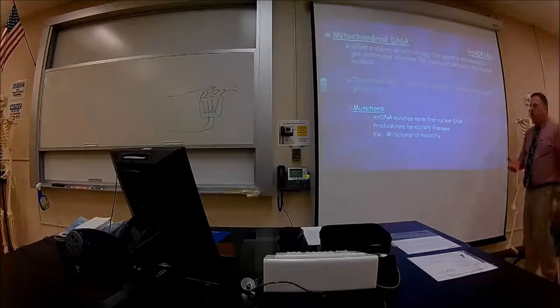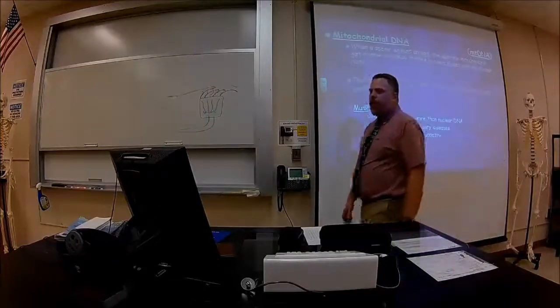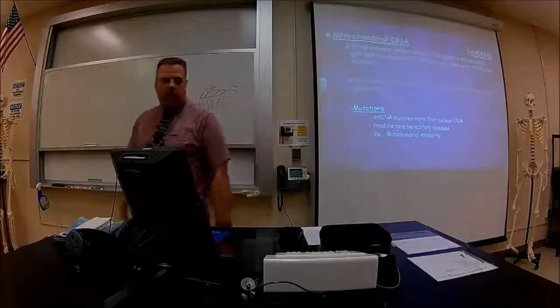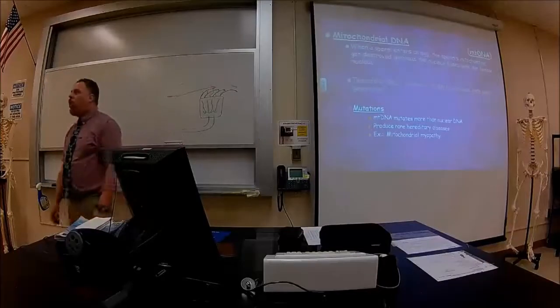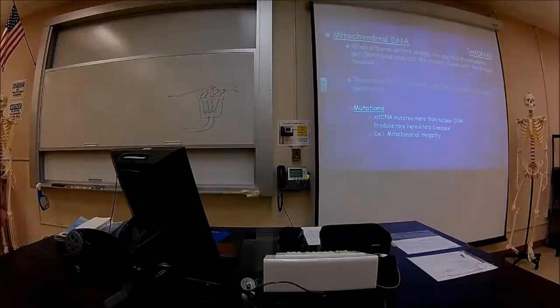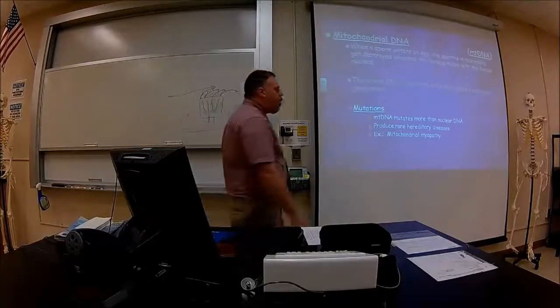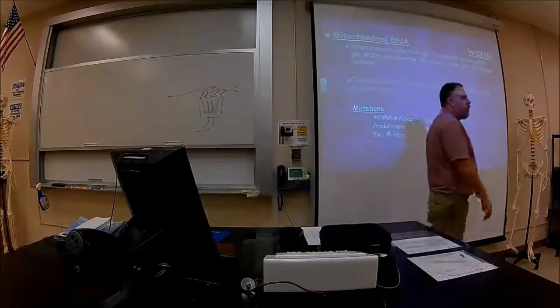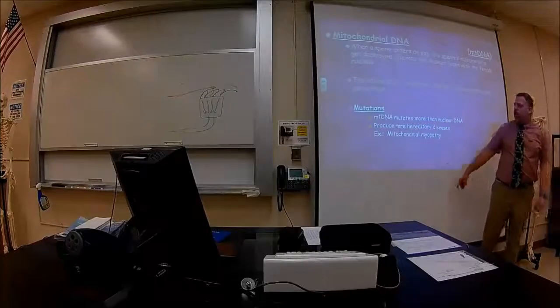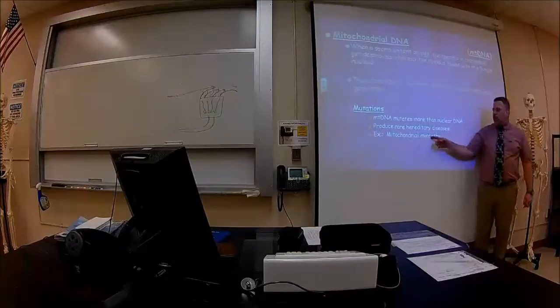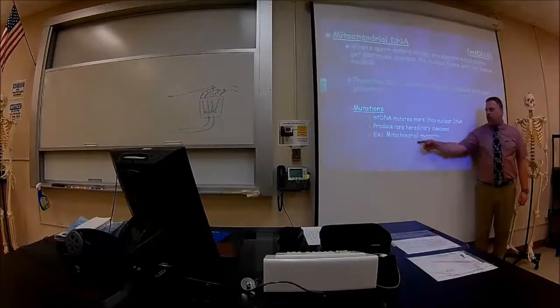Okay? Now, there are mutations that happen. Mitochondrial DNA mutates more often than regular DNA that's in your nucleus. They can produce rare hereditary diseases. One is myopathy, a certain muscle disease, mitochondrial myopathy.